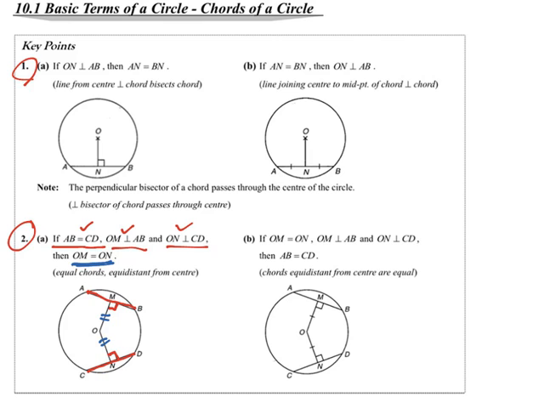Okay. For B, actually it is the opposite. This time we know OM and ON are the same. And we know they have 2 right angles here. Finally, the result is AB is equal to CD.